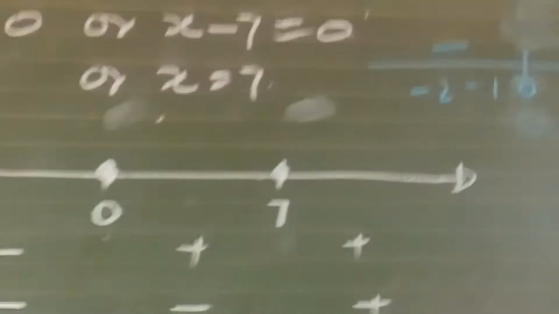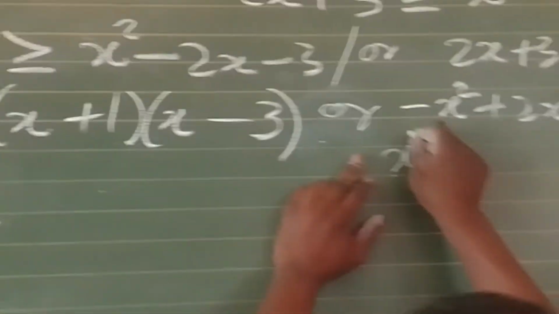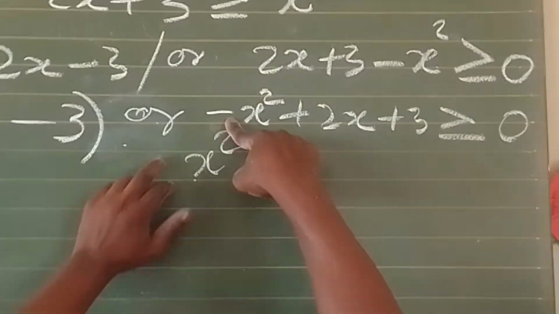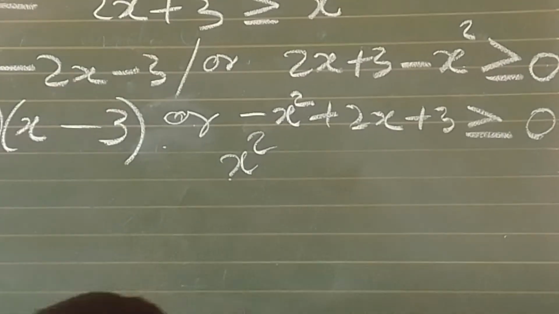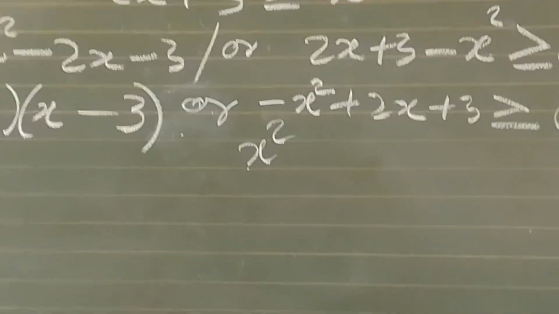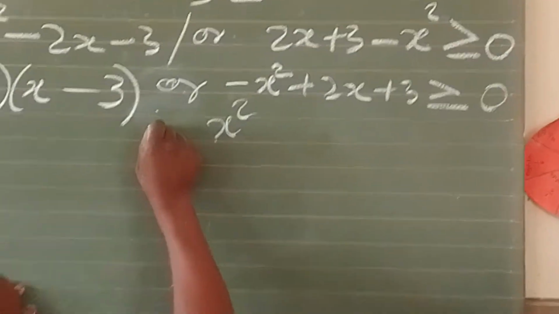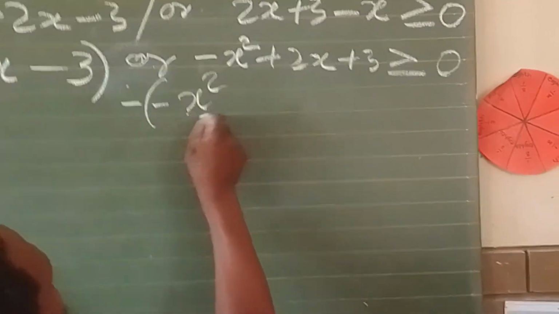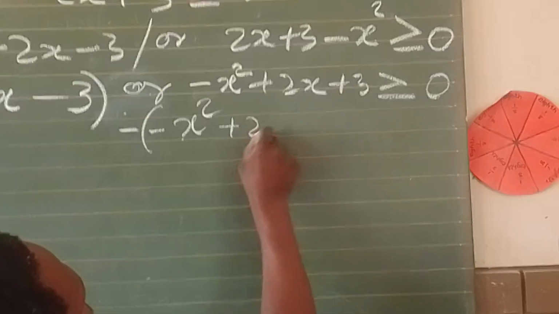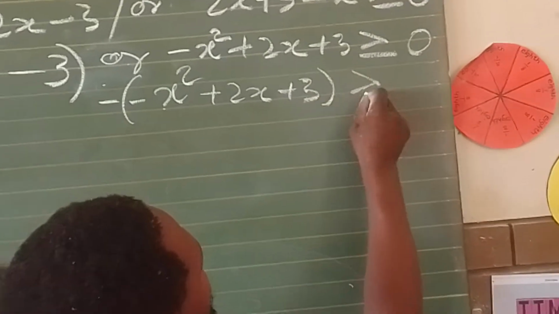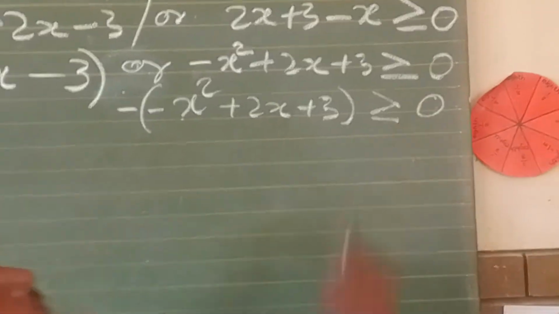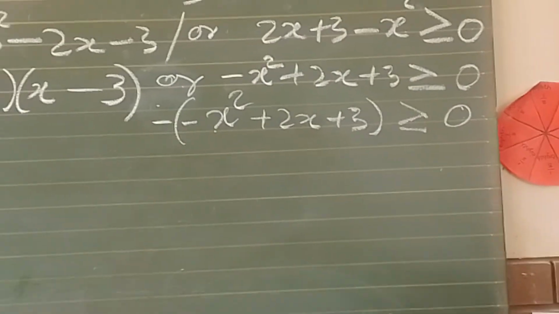So you multiply throughout here. You get x squared. Let me just do it for my grade 11 so that they will understand what I say. It's negative into negative x squared plus 2x plus 3. You can multiply a 0 by negative, but it does not change.